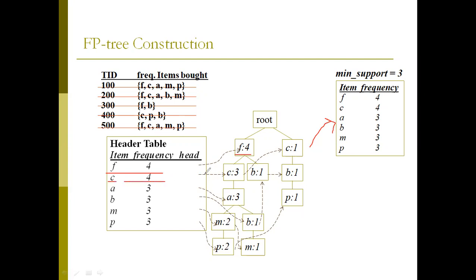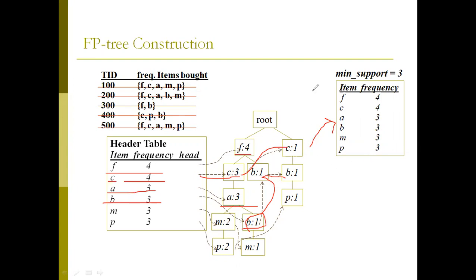C is 4. C is 3 at this place, and 1 time, 3 plus 1, 4, and A is 3, directly here we have A is 3. B equal to 3, and B equal to 1 here, 1 time, and here second time, and here third time. 1 plus 1 plus 1, 3. Like this, if you check this constructed FP tree with the L1, it is a 100% match.